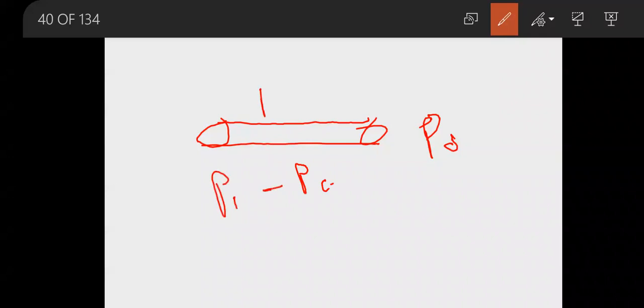So this PE and this PI are the factors that govern the distension of the vessel.